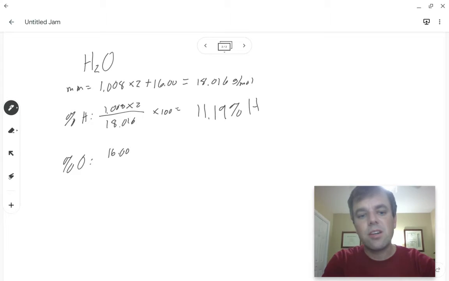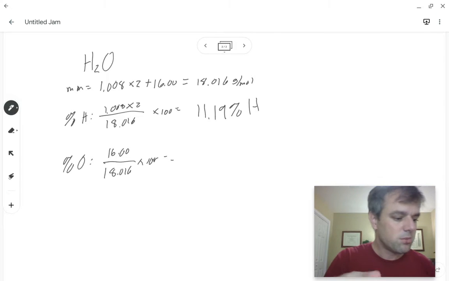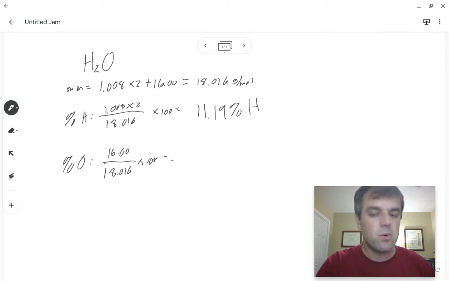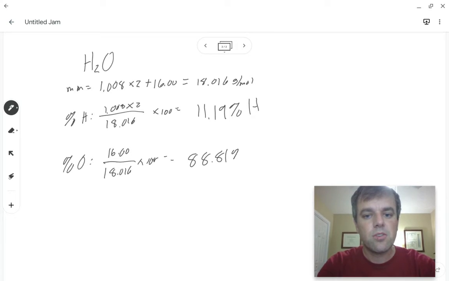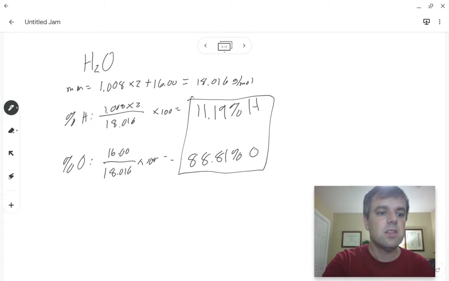There's only one oxygen, and we divide that by the mass of the whole compound, 18.016 times 100. And lo and behold, we get 88.81% oxygen.